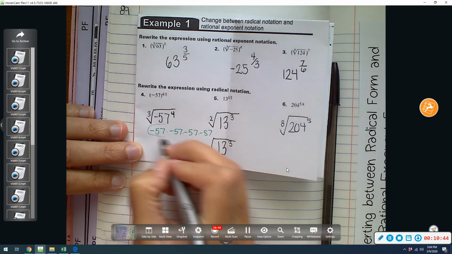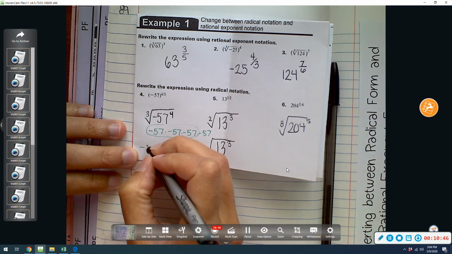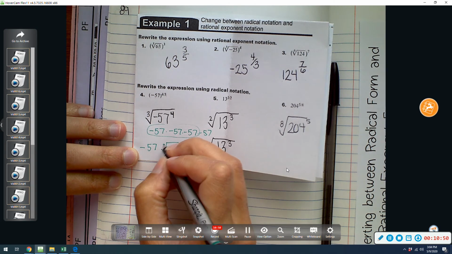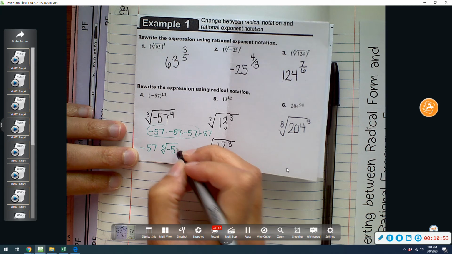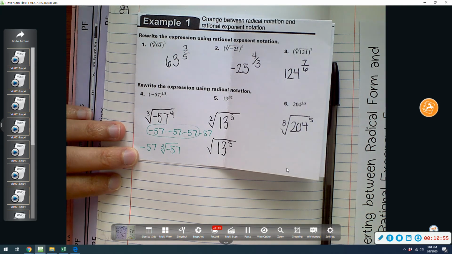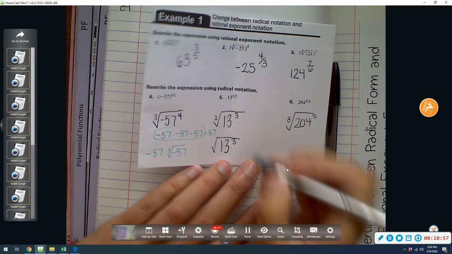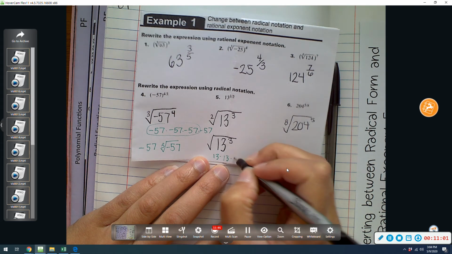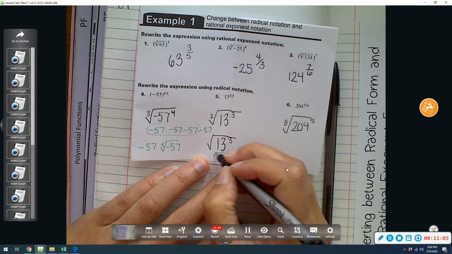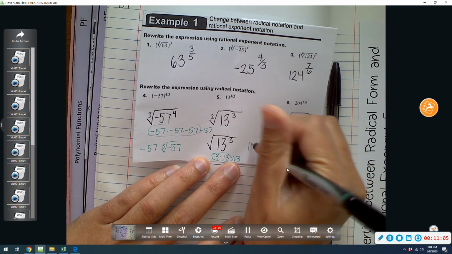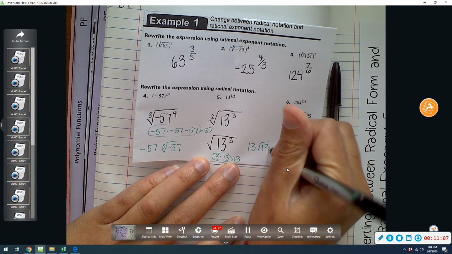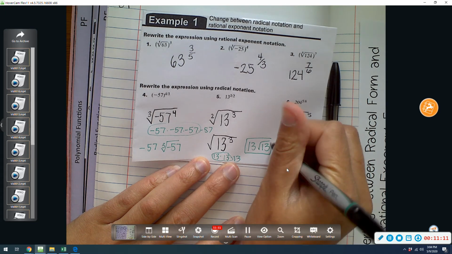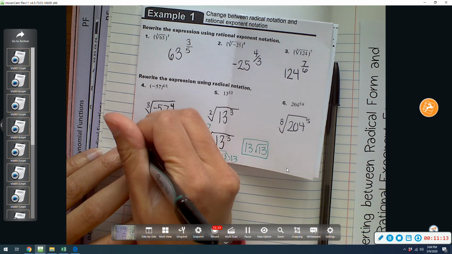So I have a group of 3. I could simplify this and make it negative 57 outside, and leave a negative 57 inside. The same thing can happen here. The 13 to the 3rd means I have 3 13s. And I'm taking a square root, so I'm looking for groups of 2. So a 13 would come out, and the other 13 didn't have a buddy, so he would have to stay in. These simplified answers feel a little nicer to me.